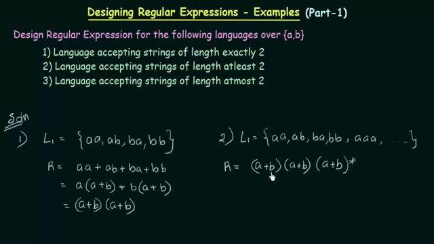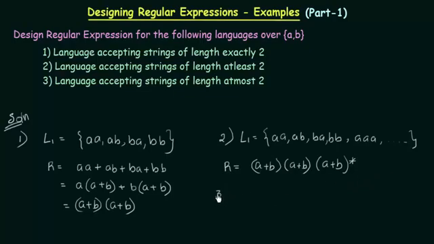So this term will be cancelled and you will have only these two. Now if you want it to be of length 3, you can give 1 over here instead of star, so you will have (a + b)(a + b)(a + b). And if you want length 4, you can give power 2 over here. So it can accept any strings of length 2 or more. That means at least 2. So minimum is 2, maximum is not specified.